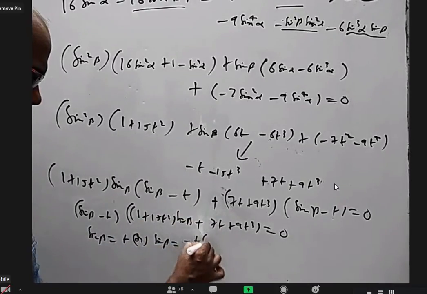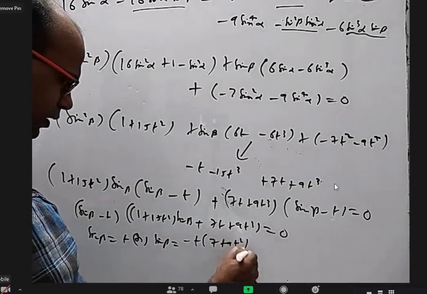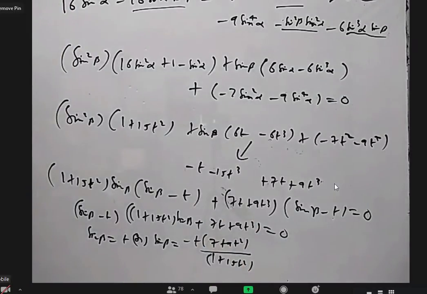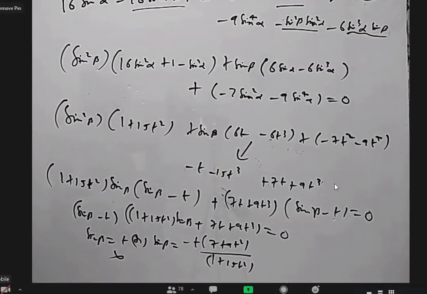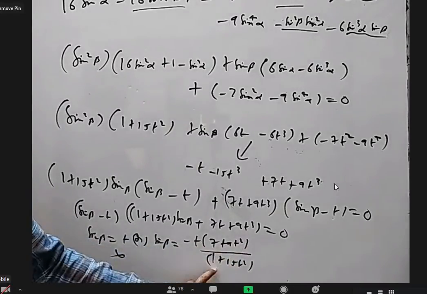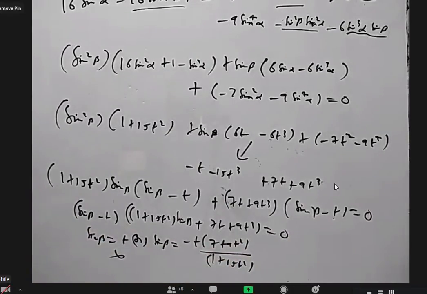If I take minus t common, 7 plus 9t square by 1 plus 15t square. If I take t here and sine beta equal to sine alpha, that is beta equal to alpha. You cannot take beta equal to alpha, because they cannot be same, it is intersecting somewhere else. You can use this. So minus sine alpha, 7 plus 9 sine square alpha over 1 plus 15 sine square alpha.